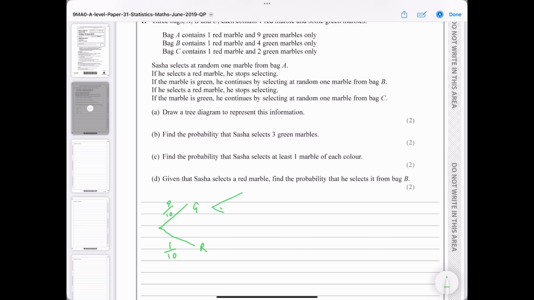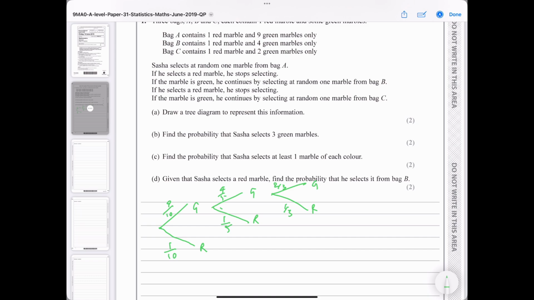If he selects a green one, he continues, and that's green, that's red. So there's a 1/5 chance there, and a 4/5 chance there. Again, he stops if he gets the red. So that's R, G, and then that's 1 out of 3 and 2 out of 3. So that's the tree diagram.